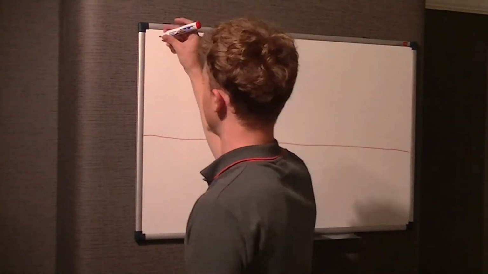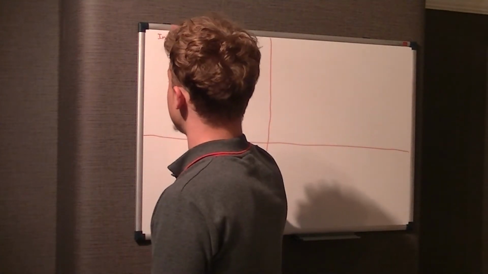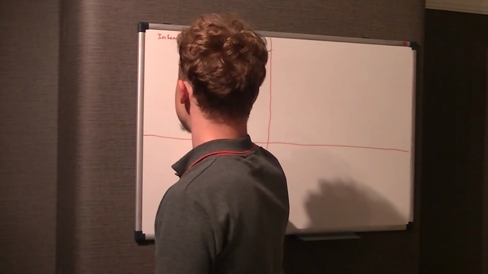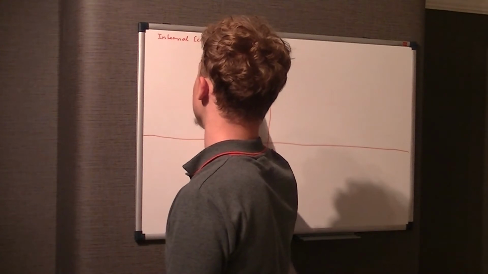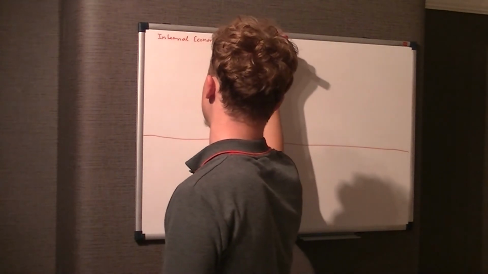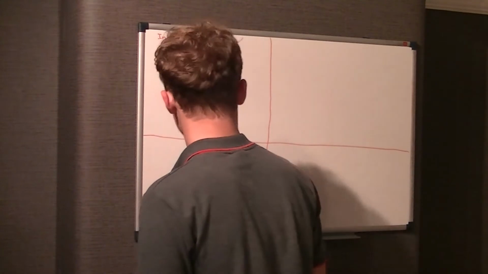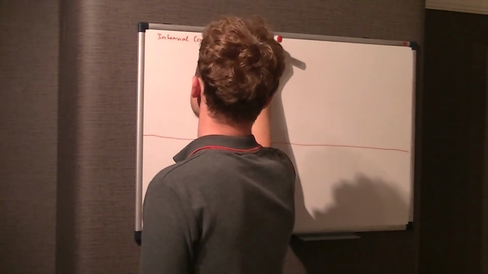So on the left, if you want to put internal economies of scale, and then below that internal diseconomies of scale.